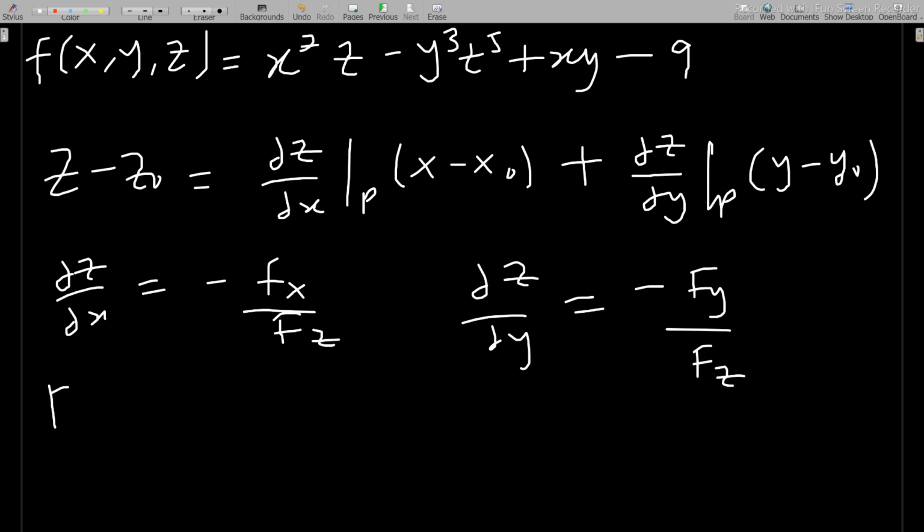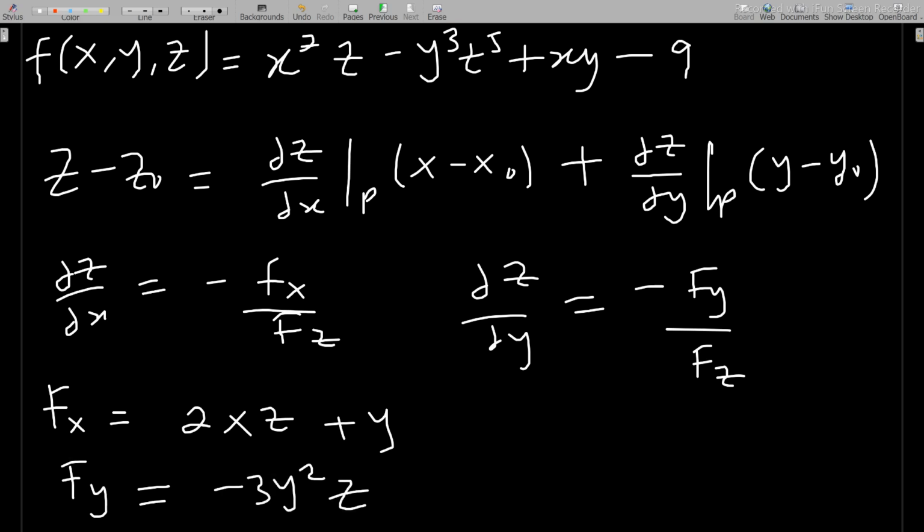So now fx is equal to what? We have 2xz plus y. I hope this is okay for you. And you have fy being equal to minus 3y squared z to the 5th power plus x.